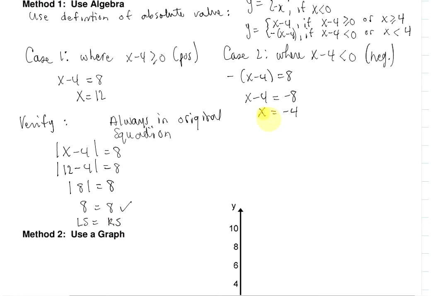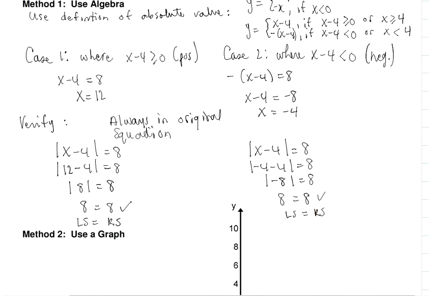Now we want to use x equals negative 4. So once again, into the original equation, substitute negative 4. We get the absolute value of negative 8, and the absolute value of negative 8 is 8, and so we are right. Left side equals right side.